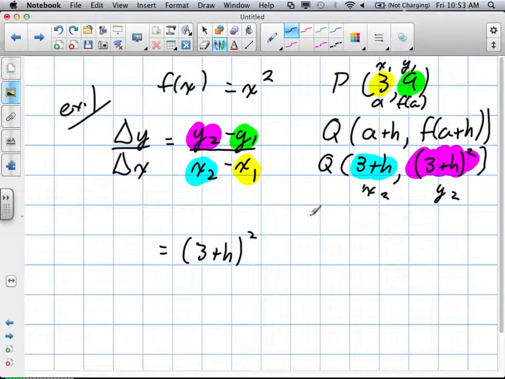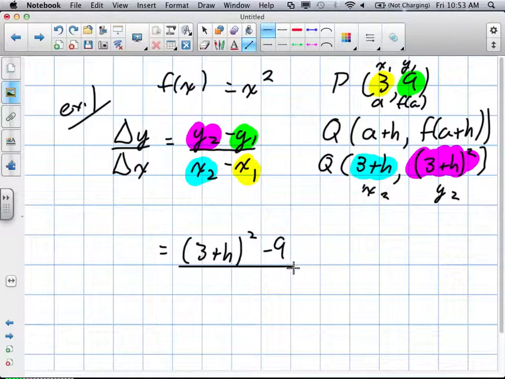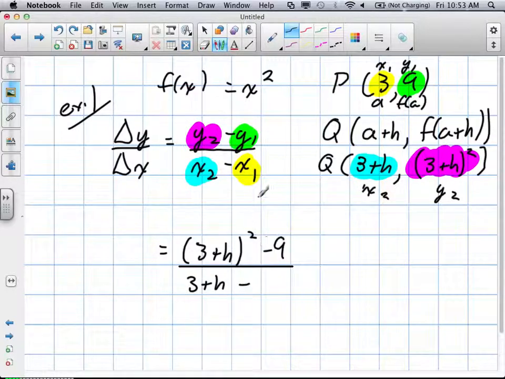Our y1 is negative 9 divided by x2, which is 3 plus h, subtract x1 is the number 3. Okay? So this is still the change in y over the change in x. We're finding the rate of change at the point 3 and 9 right now.